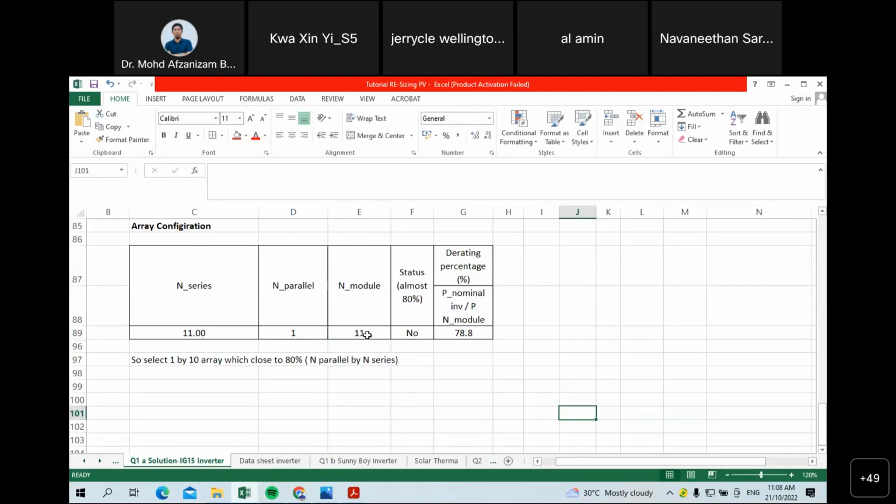Based on this 11, we need to determine the rating percentage.